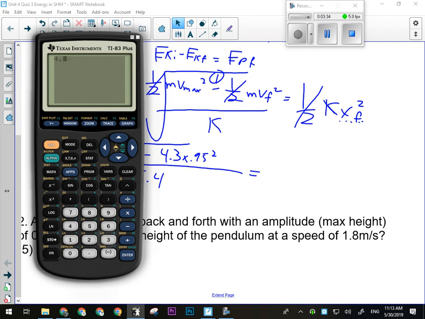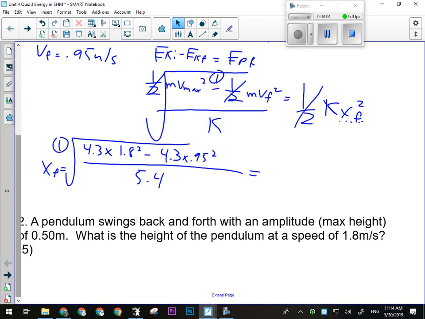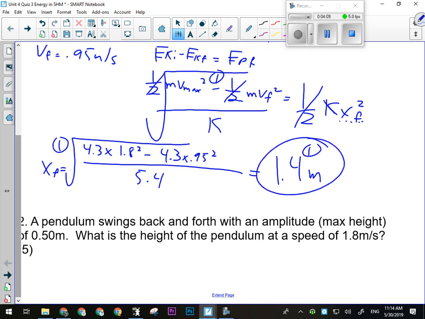So we got 4.3 times 1.8 squared, minus 4.3 times 0.95 squared, divided by 5.4, and then we have to square root that. So we are looking at a displacement of 1.3, actually 1.4 meters. I think we only have 2 significant figures, yep. So 1.4 meters is our final answer. 5th and final mark there.